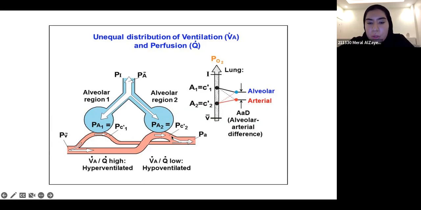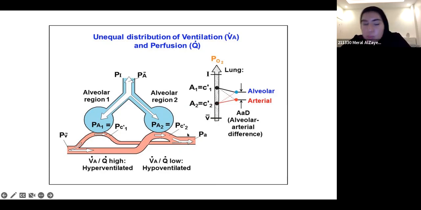Let me repeat, okay? This in the arteries, okay, it's the exact same concept as the alveolus, okay? It just happens to be that the second alveolus is more perfused than this first alveolus, okay? So after mixing, the value will be lower than the second alveolus, but it still would be closer to the second alveolus than the first alveolus.